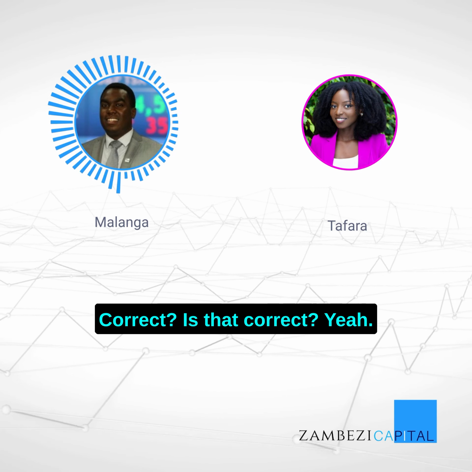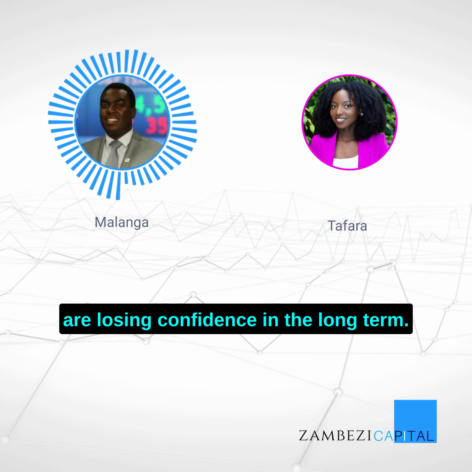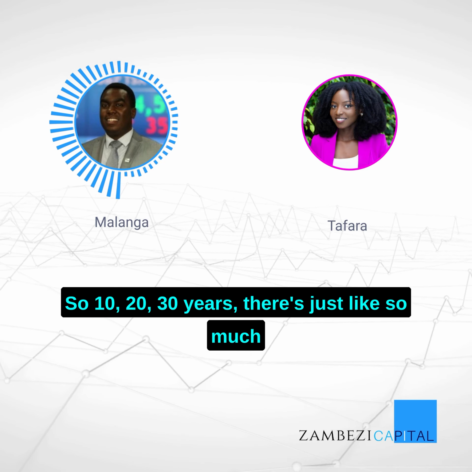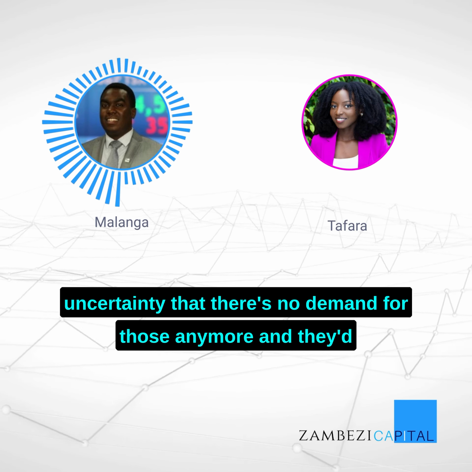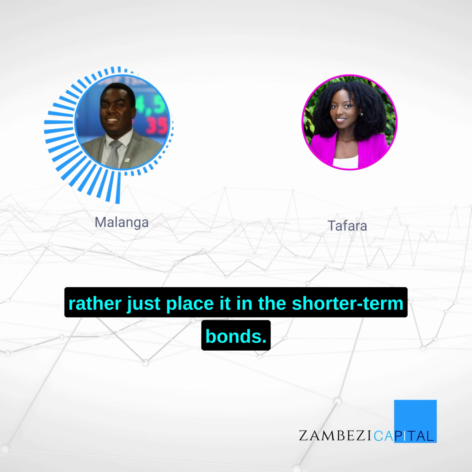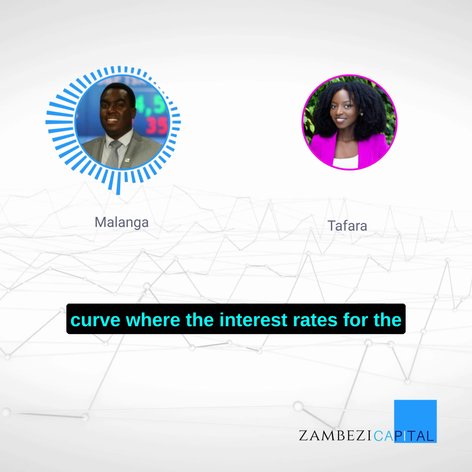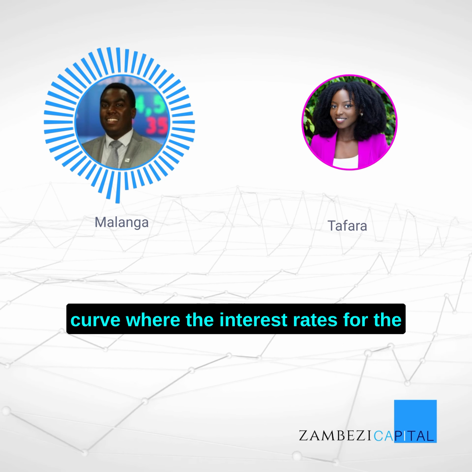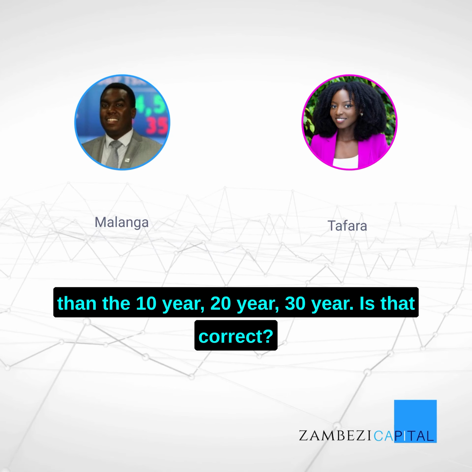Is that correct? Yes. And so what's happening here is that people are losing confidence in the long term. With 10, 20, 30 years there's so much uncertainty that there's no demand for those anymore. They'd rather place it in the shorter-term bonds, which is why you have this inverted yield curve where the interest rates for the 1 month, 2 month, 3 month are actually higher than the 10-year, 20-year, 30-year. Is that correct? Correct.